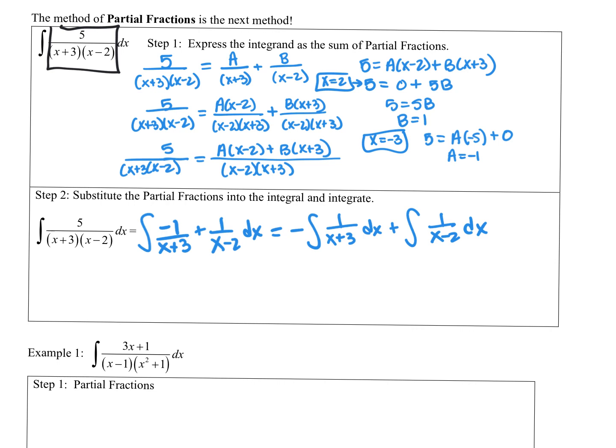These are logarithm antiderivatives, or really easy u subs, where u for this first one is equal to x plus 3, and since du would just be equal to dx, then this is just a negative du over u. So this guy will just be negative ln of x plus 3.